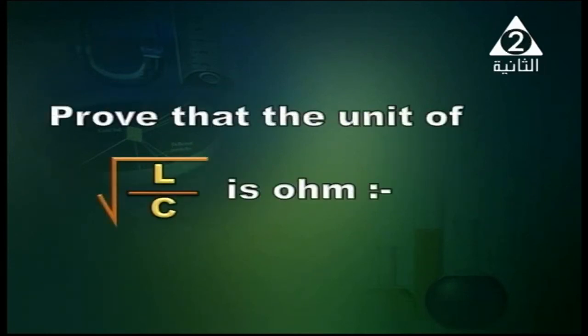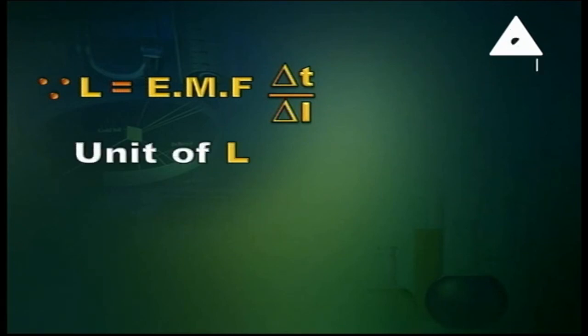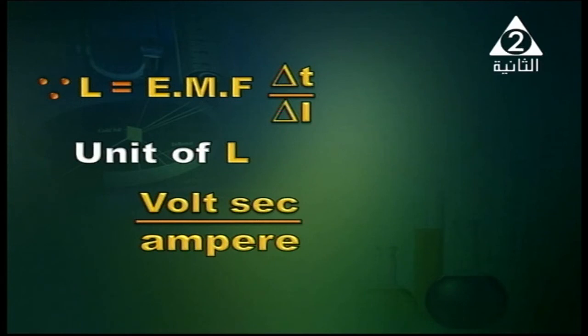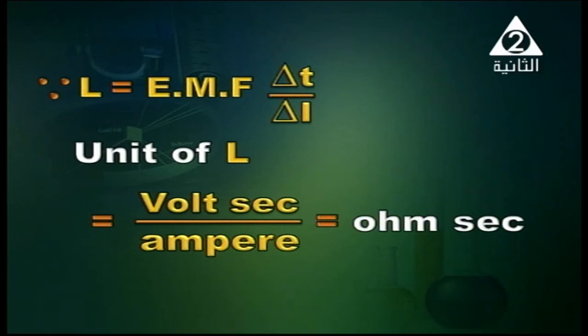Prove that the unit of square root L over C is ohm. L is given from the expression EMF delta T over delta I. So unit of L equals volt second over ampere. Volt over ampere equals ohm, so it is ohm second.